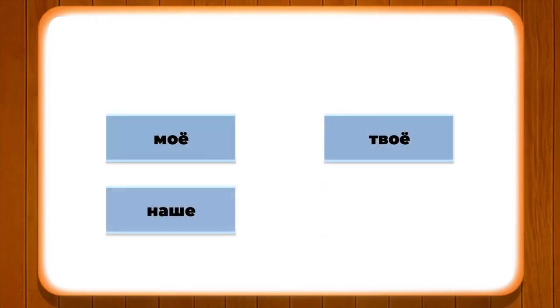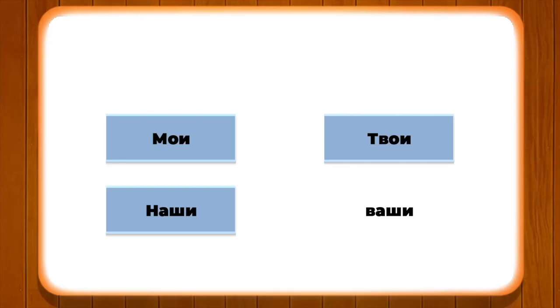In the third line, neuter gender, it's moyo, tvoyo, nashe, vashe. In the fourth line, it's plural, moi, tvoi, nashi, vashi. Okay, let's go ahead and let's look at these important words. Now we are making small sentences so that you can understand the meaning of all these important aspects.